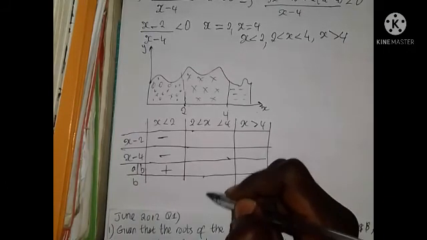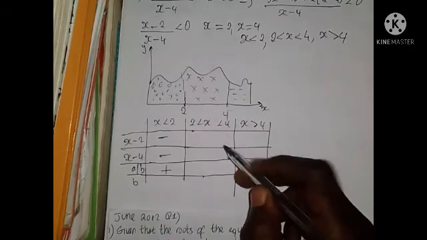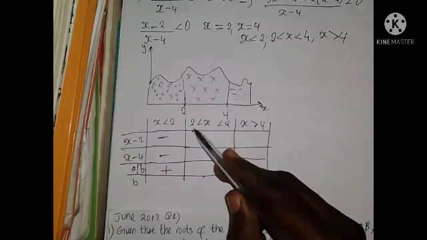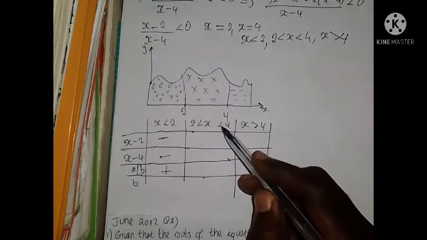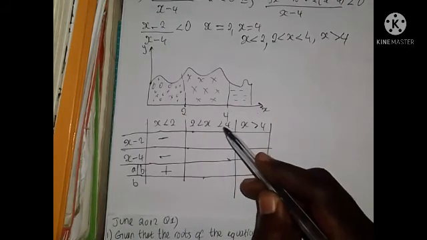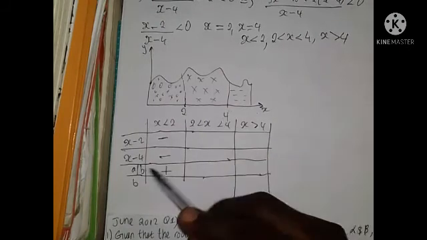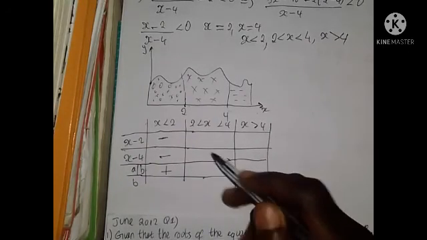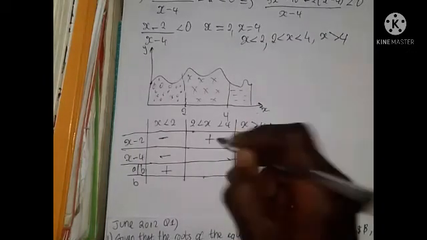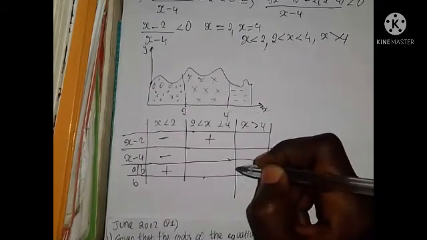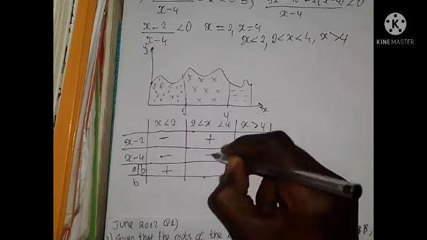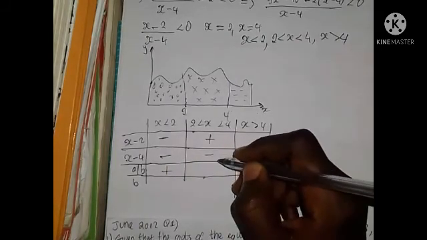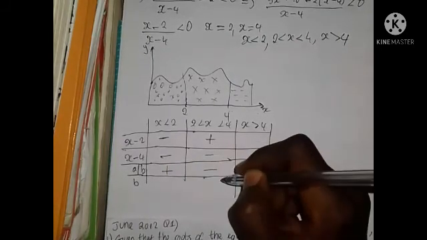Now between 2 and 4, let's try 3.4. 3.4 minus 2 gives 1.4, a positive number. 3.4 minus 4 gives negative 0.6, a negative number. Positive divided by negative gives a negative number.